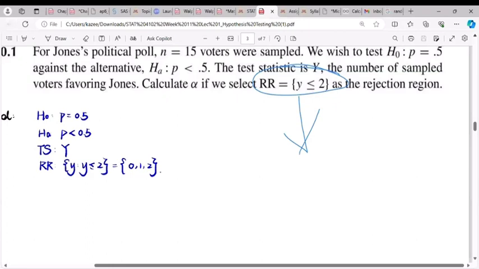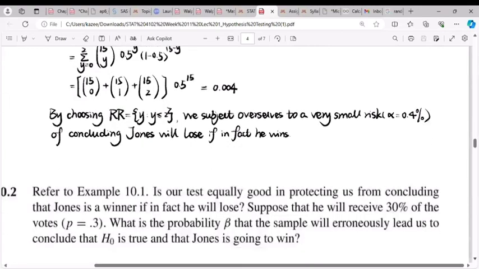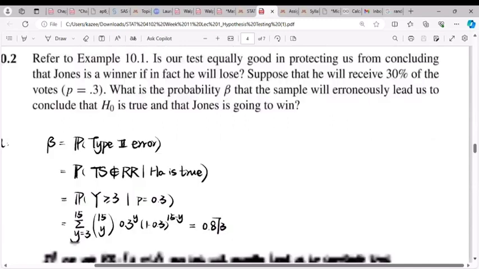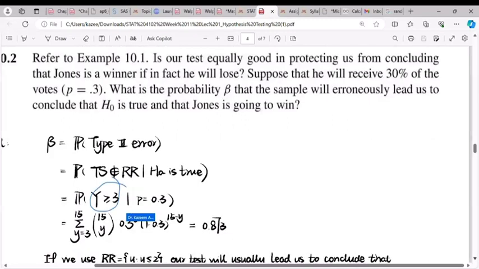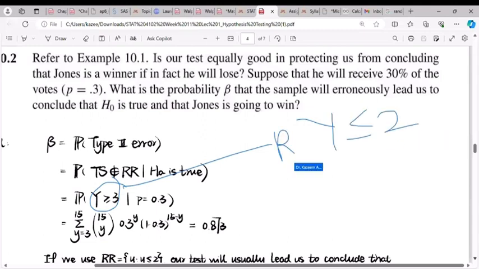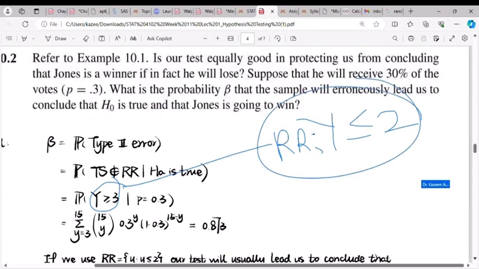If I want to compute the probability of type 2 error, I need to use the complement of the rejection region. That's what I'm doing here. I'm going against Y less than or equal to 2, since the rejection region given initially was Y less than or equal to 2.